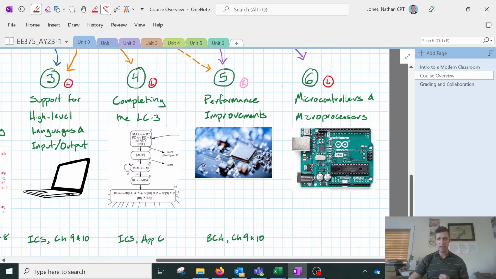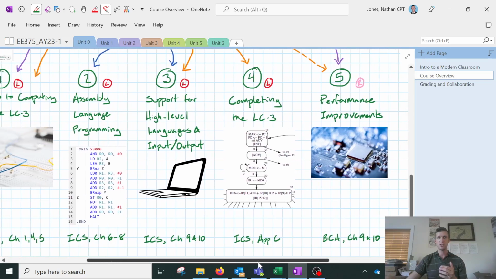Unit 5 doesn't necessarily have a lab. It's going to have something I'm going to call a recertification. It's going to look like an exam. It's not really an exam, but it's going to look like an exam that asks you questions pertaining to the first 5 units.